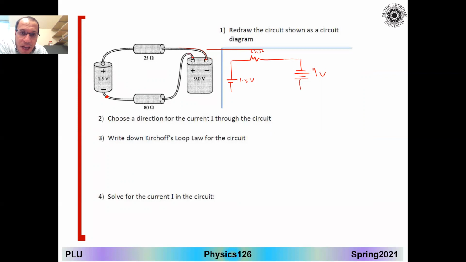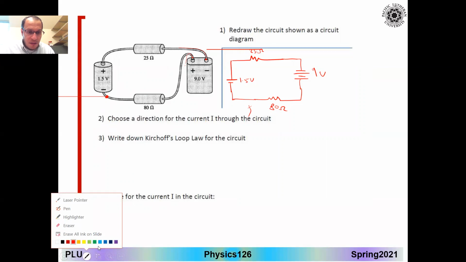Now I go and find another resistor, so I draw another resistor, which is 80 ohms. From the resistor, I move back to the point where I started my loop. So this is the first step.